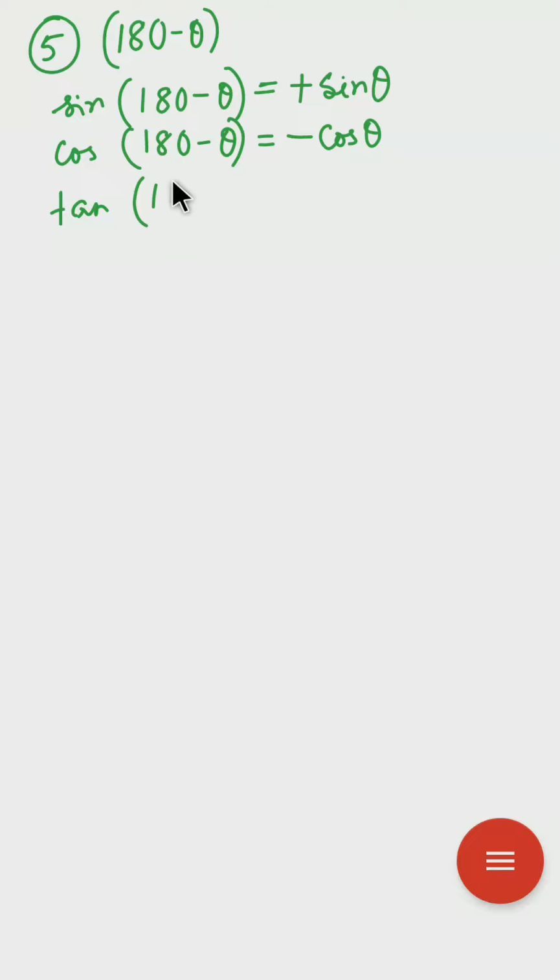So tan of 180 minus theta is equal to how much? Sine 180 minus theta by cos 180 minus theta. Sine 180 minus theta is plus sine theta and cos 180 minus theta is minus cos theta. So this value is equal to plus sine theta by minus cos theta, which is minus tan theta.